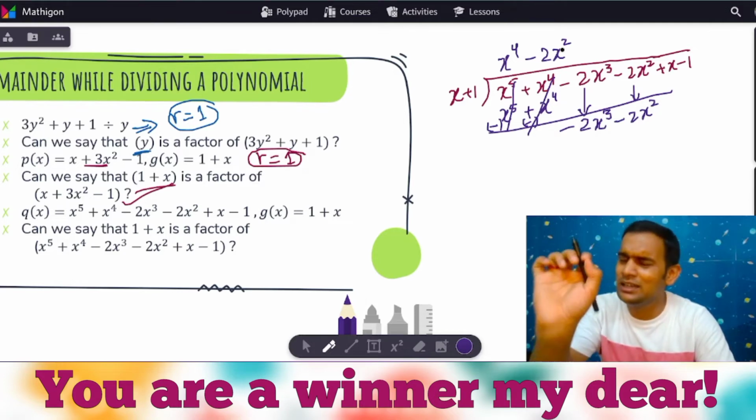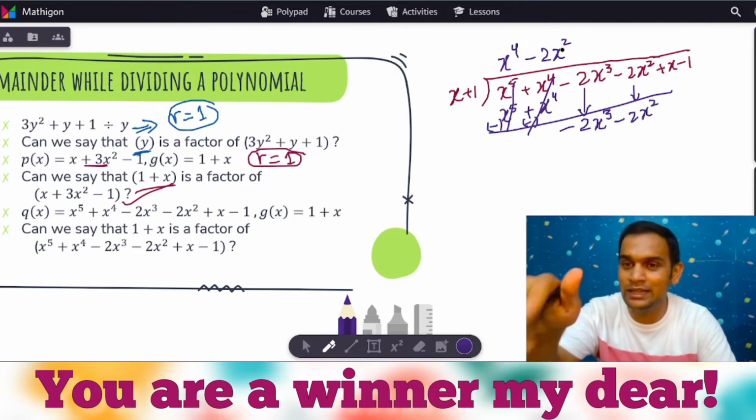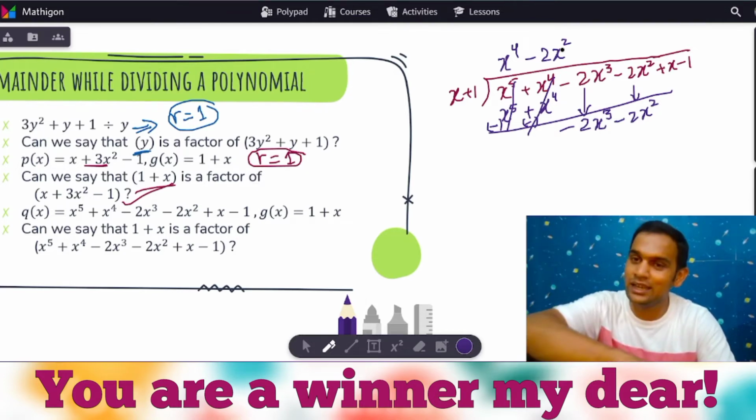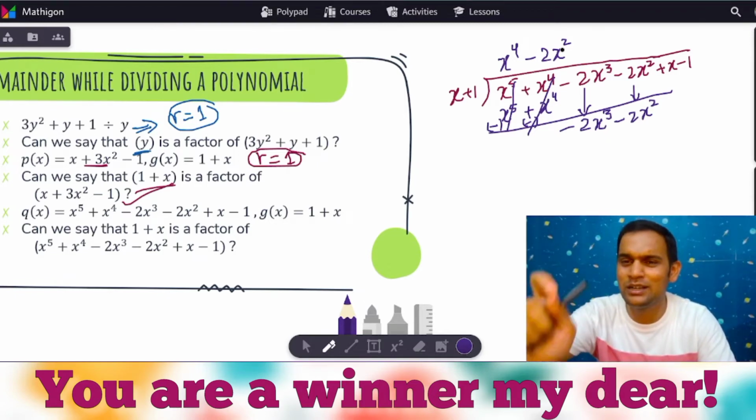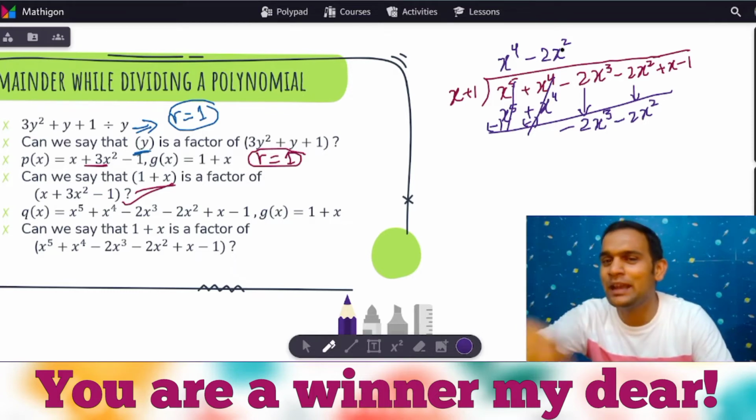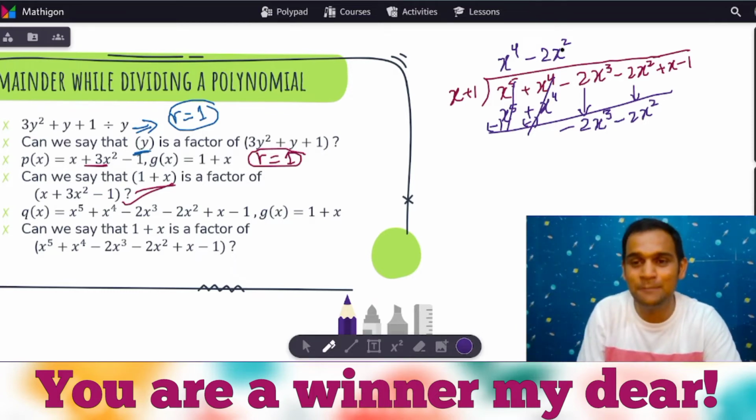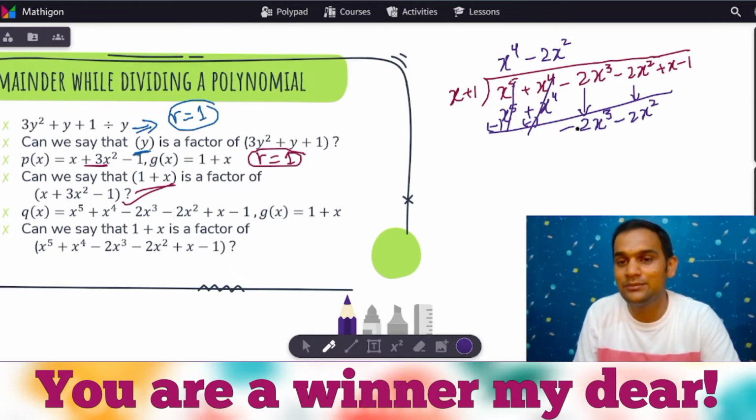Now if you have a little bit doubt on how we are operating in this division process, you can again comment down. I'm very ready to explain this, but since this is not the main topic, I'm going a little bit faster. Okay, so minus 2x square times x will give you minus 2x cubed. Minus 2x square times plus 1 will give us minus 2x squared.